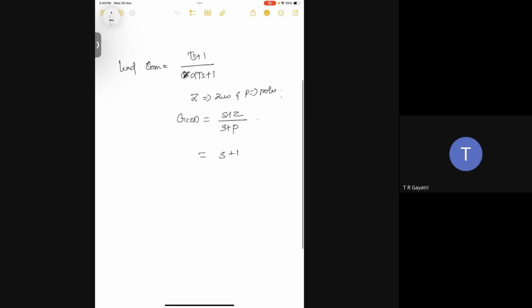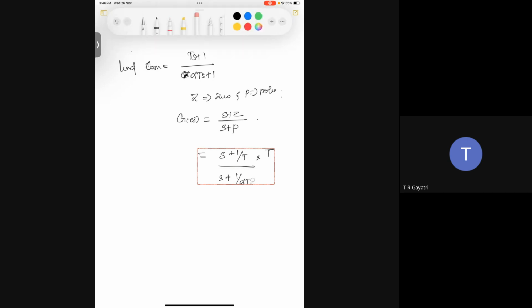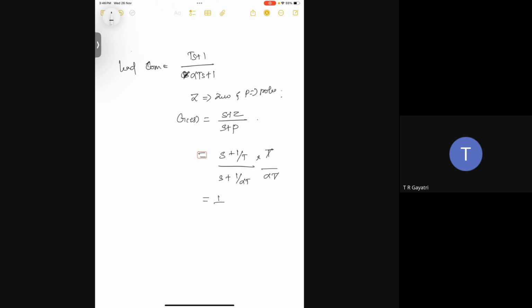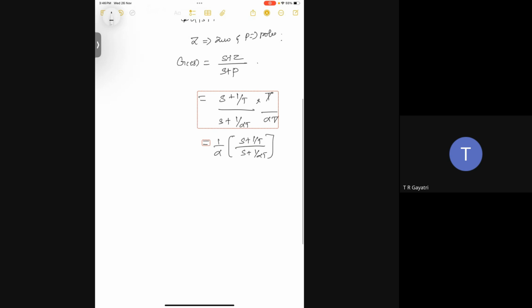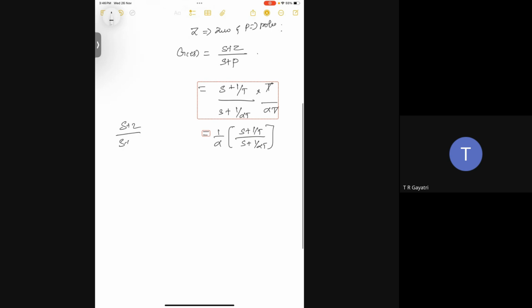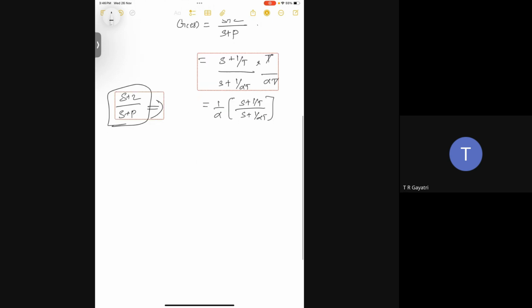This will be S plus 1 by T, divided by S plus 1 by alpha T, into 1 by alpha. So it will be 1 by alpha into (S + 1/T) divided by (S + 1/αT). This is in the form of S plus Z by S plus P format. Right.